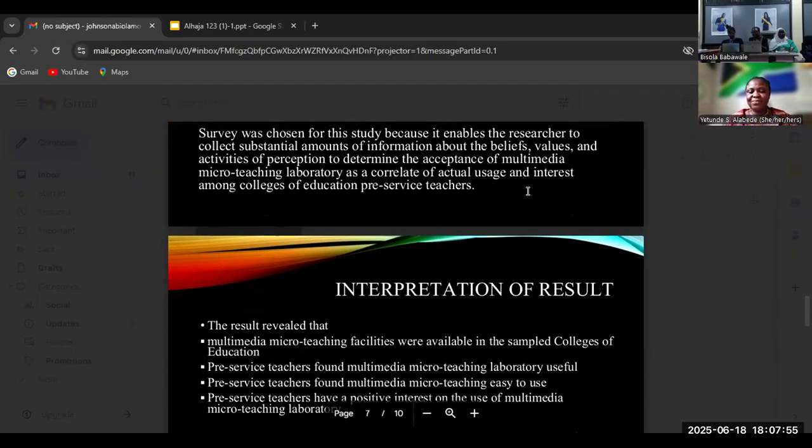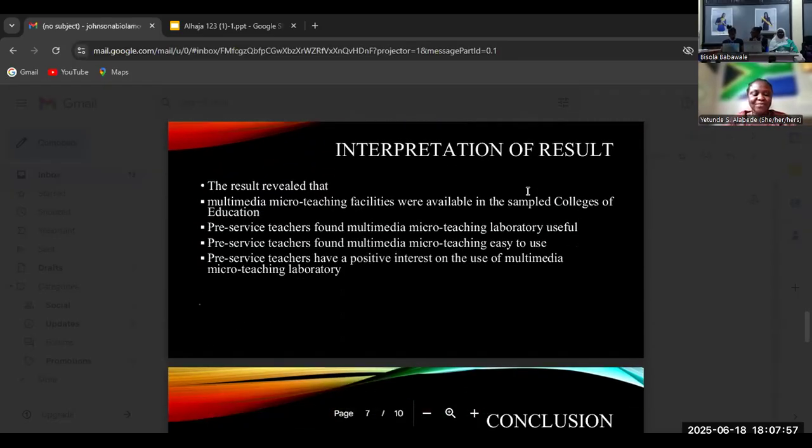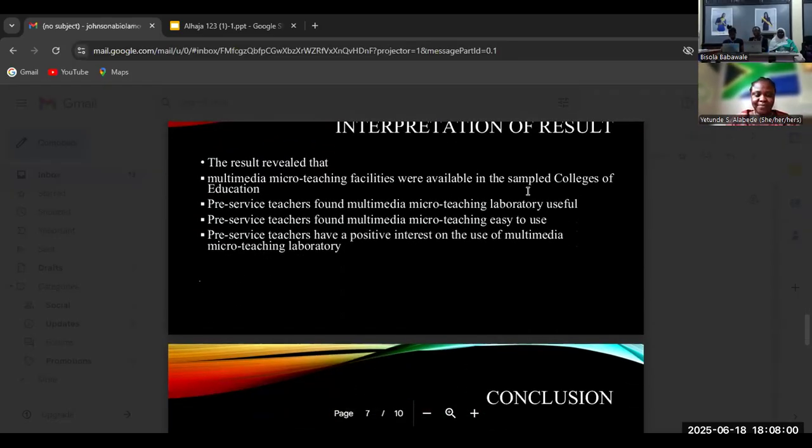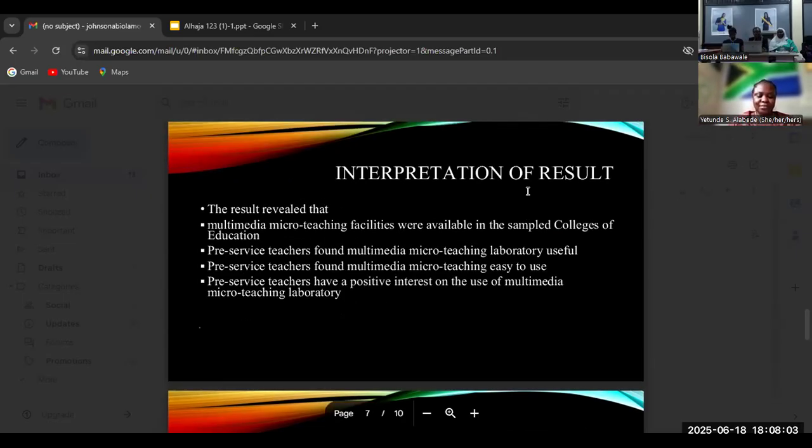Next slide. After concluding the investigation, we noticed that multimedia micro-teaching labs are very resourceful. But what do we see? The lab has turned to more or less a library because these facilities are not maintained. So whenever we have micro-teaching, they will say, pair yourself with your friend, stay in your class, teach, this is your friend, teach back, and evaluate yourself. And that's what we are having challenges with in education.